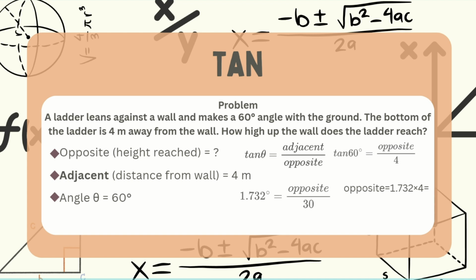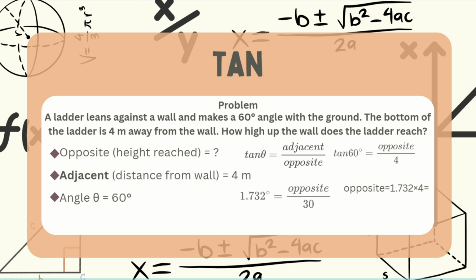So here we are going to convert the 60 degrees into a decimal, which is tan 60 degrees equals 1.732.